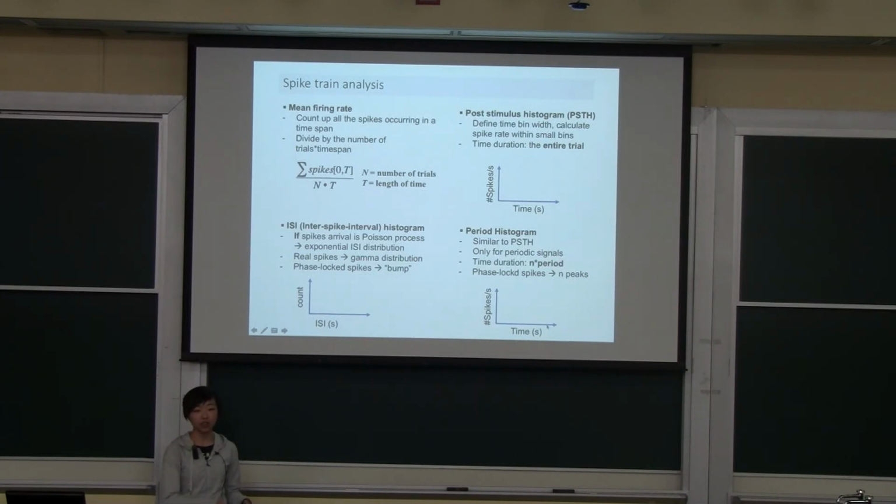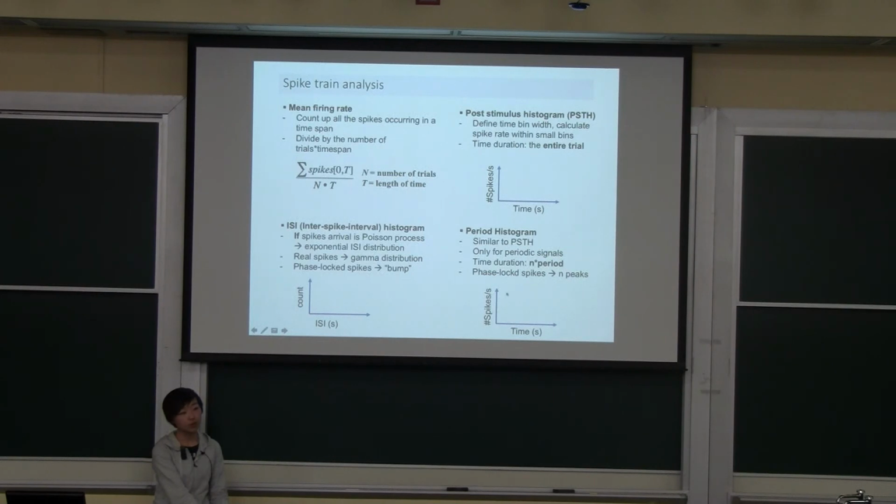You're dividing the whole trial into different segments, and each segment is n times the period. If you have phase lock in your response, you are expecting to see a bump or a peak in your period histogram. If you take one period, you should only see one peak. If you take 2 periods, you should see 2 peaks in the response.